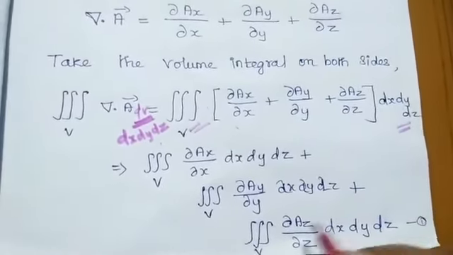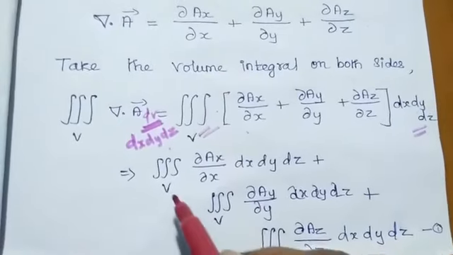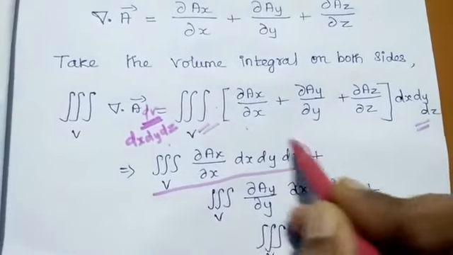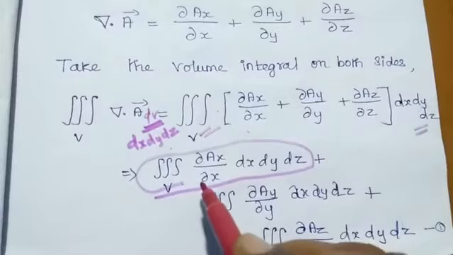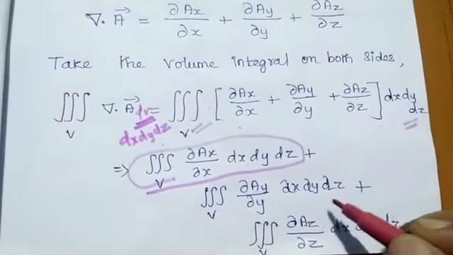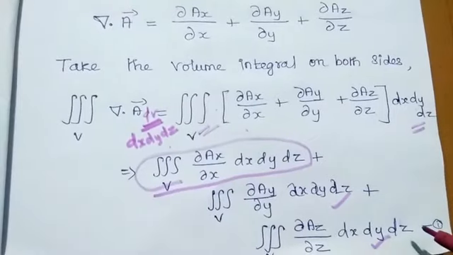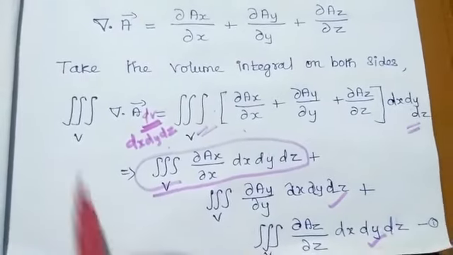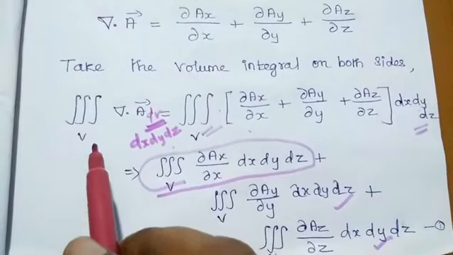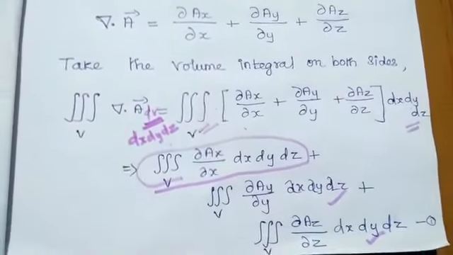We can consider this as the first equation. Next we are going to take one term alone and solve it. Likewise we can obtain the solutions for the others, and then substitute those values in this equation to get the volume integral of the divergence of the A vector.